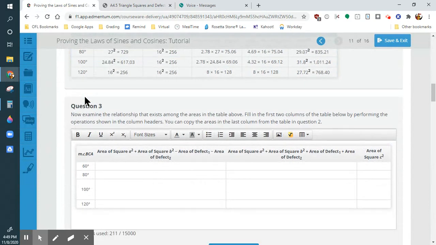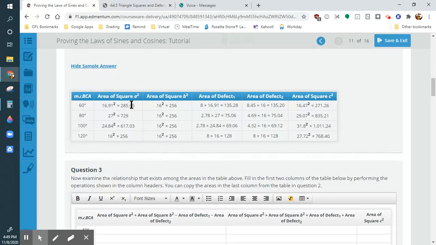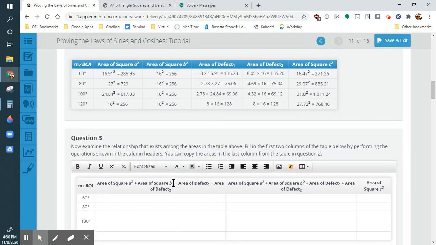So we'll do that. So do the area of that plus that. Okay, so we're going to add these two together and subtract the defected areas. So hold on. Area of a squared plus b squared plus area defect plus area defect.